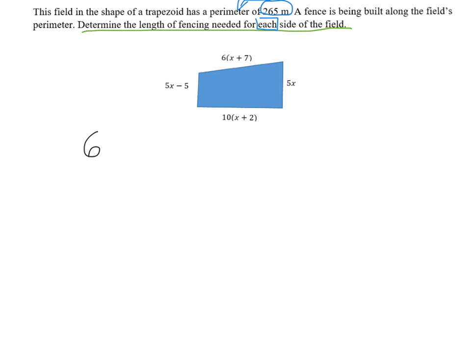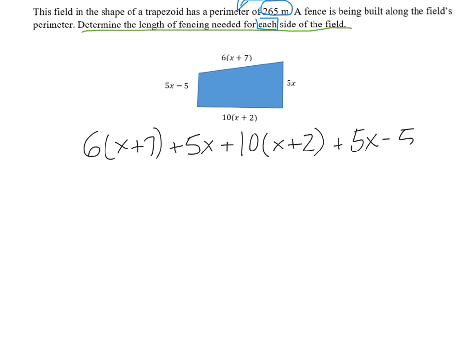The expression is 6(x + 7) + 5x + 10(x + 2) + 5x - 5. Now that I have that expression, I need to simplify it, and once I simplify, as I said, I'll put it into an equation. So let's simplify it first.